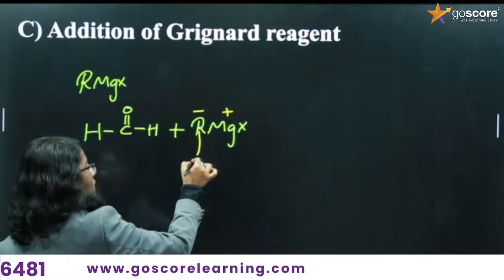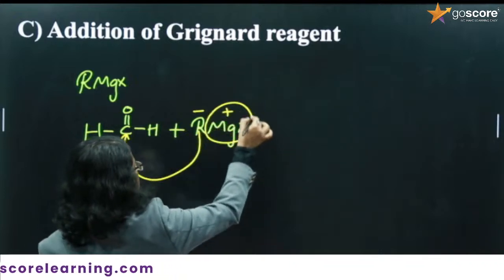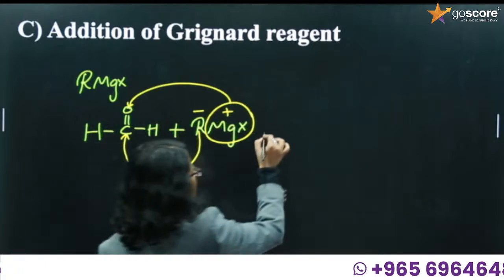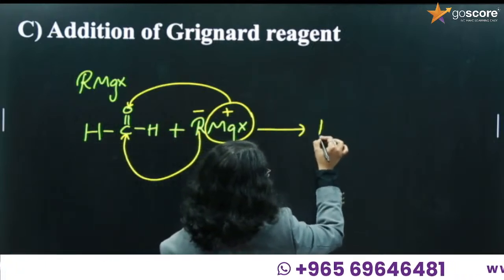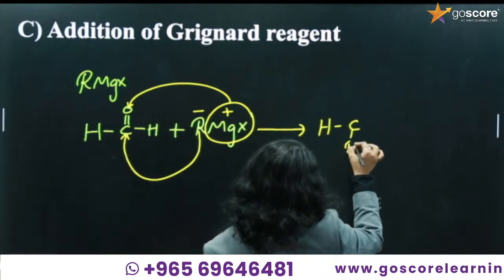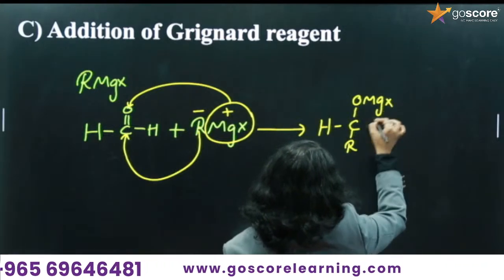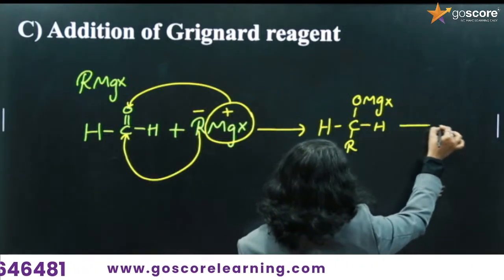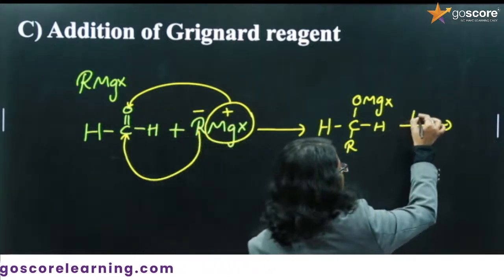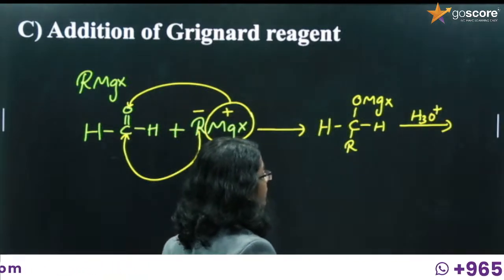So this alkyl group will attach to this carbon and this OMgX will be attached to O. Then you will get an intermediate, that is HCR and OMgX. This on hydrolysis, you will get alcohol.